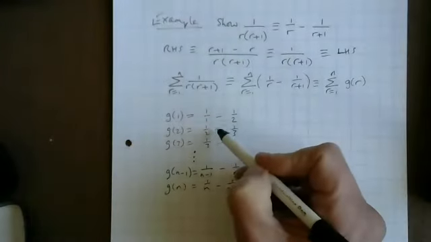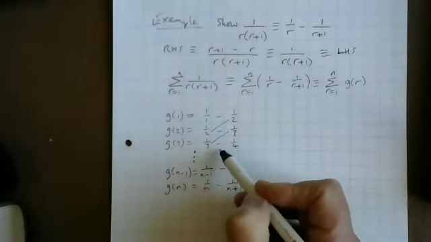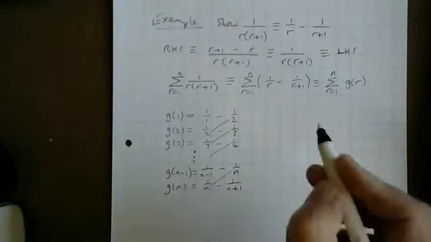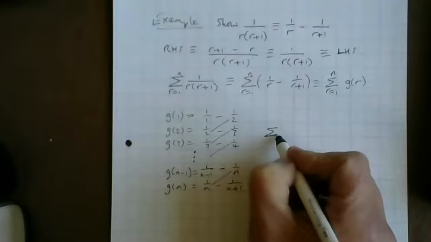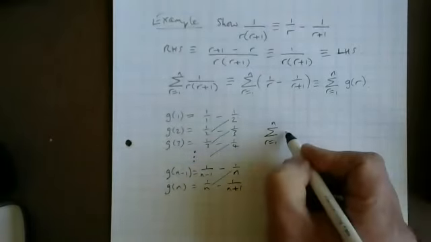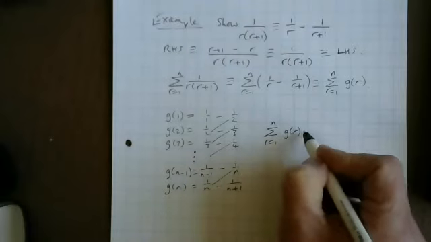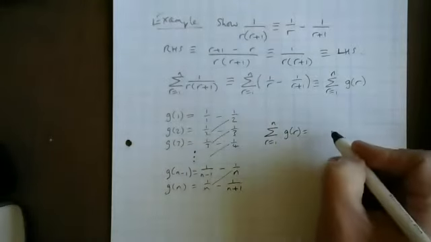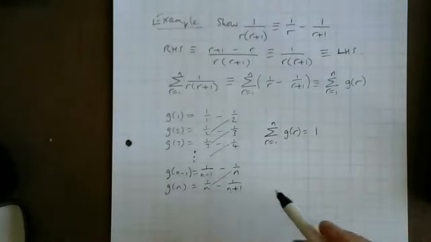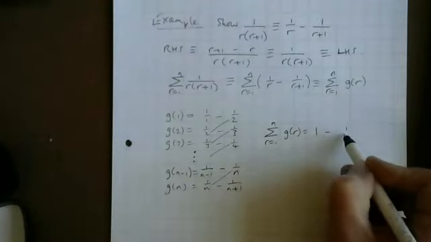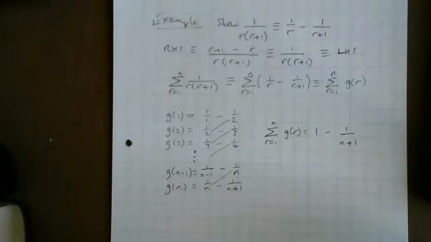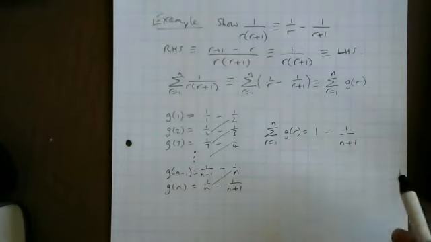Looking at these cancellings, this and this, this and this, this and this, all the way down, including that one. So we say that the sum from r equals 1 to n of g of r is 1, that term left behind, minus 1 over n plus 1. And we just tidy that as necessary.